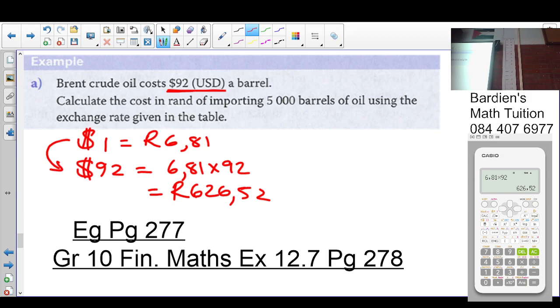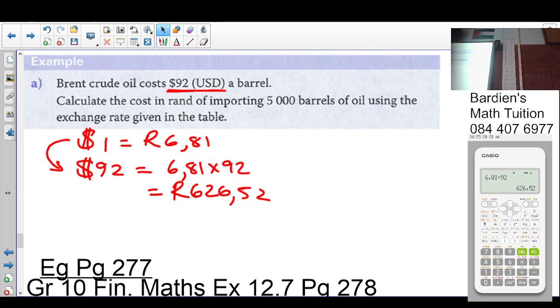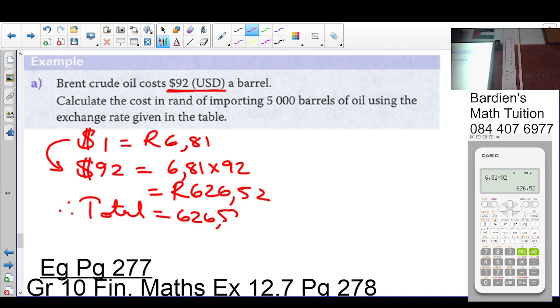That is the cost in rands per barrel. They want 5,000 barrels, so the total is 626 rand 52 cents times 5,000.